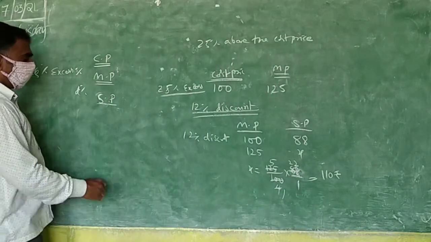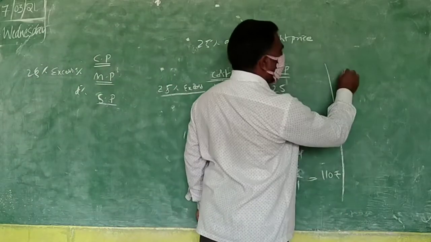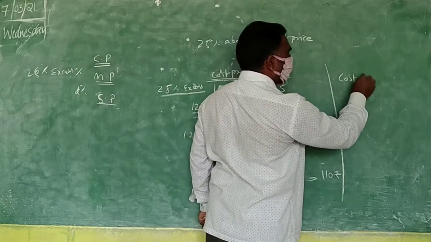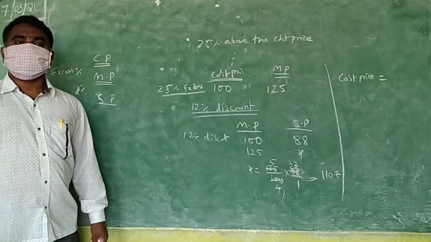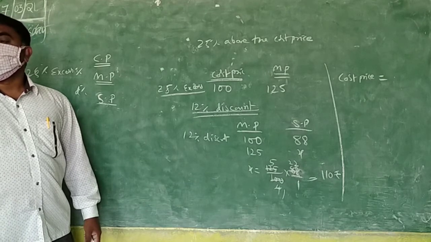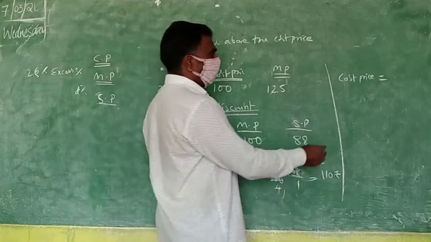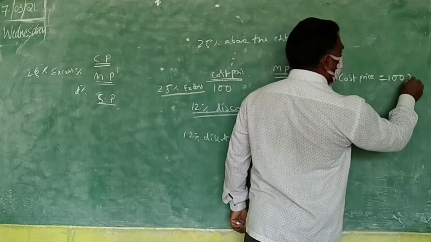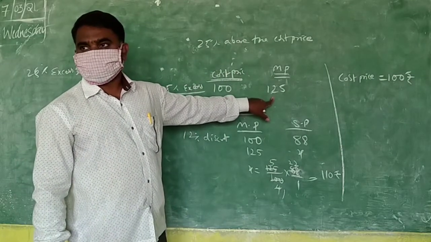Now tell me, what do you know finally in this problem? What is the cost price for him? 125 is the marked price. What is the original cost price? 100. Marked price 125.